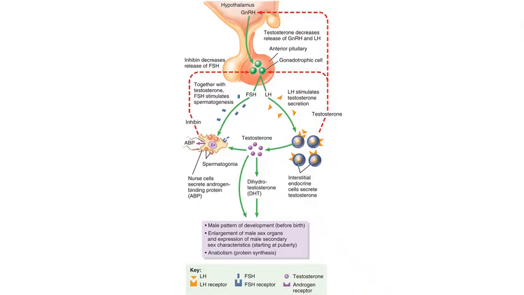For instance, prenatal development. Before birth, testosterone stimulates the male pattern of development of the genitalia and the system of ducts associated with it, as well as when the descent of the testes is going to occur. Whereas dihydrotestosterone stimulates the development of the external genitalia. Testosterone is also converted in the brain into estrogens, which play a role in development of certain regions of the brain in males.